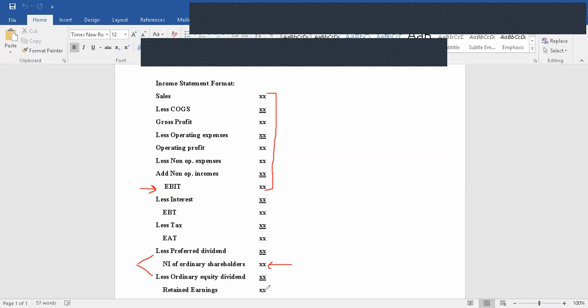What's the reason? If any liability arises in future, it can be met out of retained earnings. Or if additional investment requirements arise in future, they can be met out of retained earnings. So it's a practice that some amount of profit is set aside to meet future purposes, any liability or expense or loss that arises.